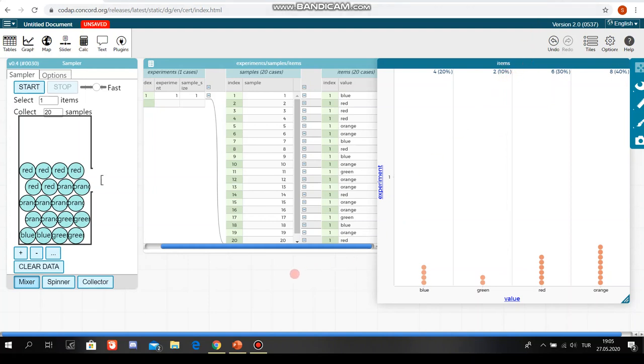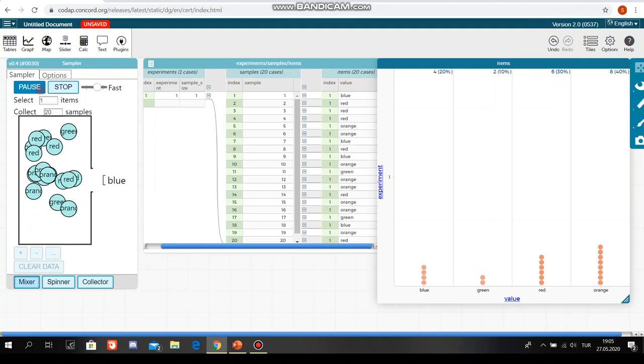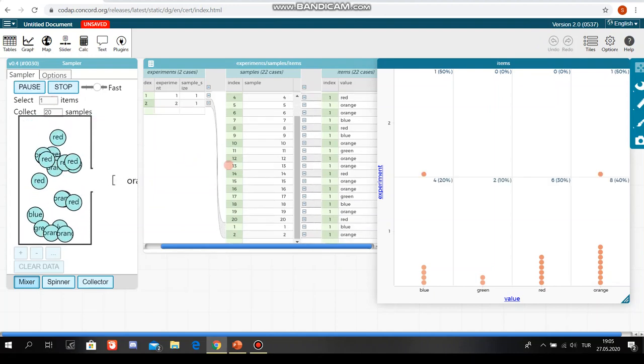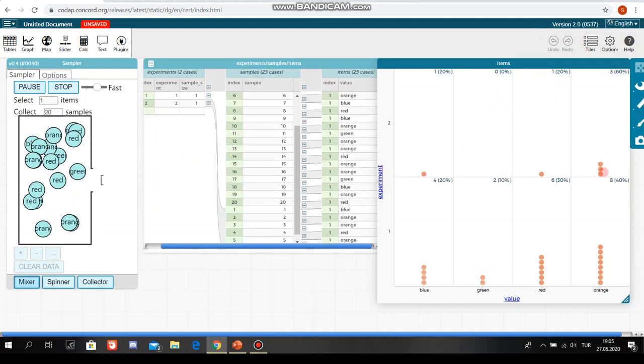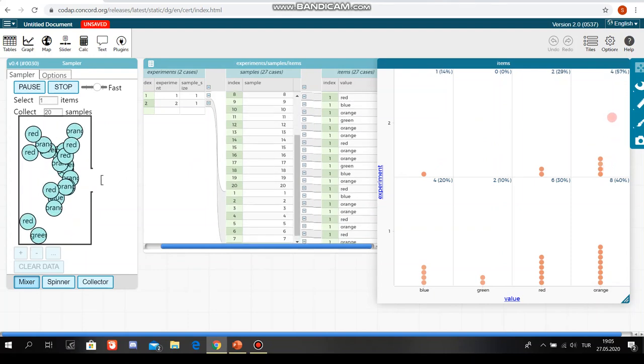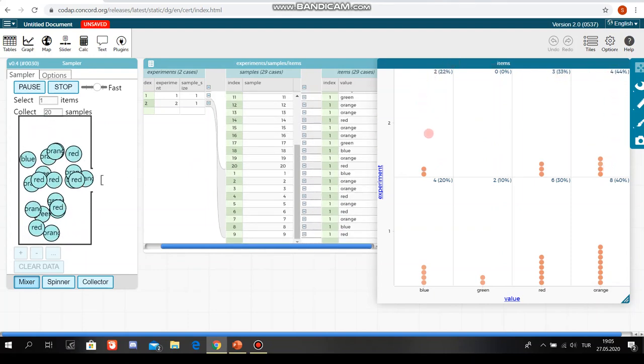Okay, let's try one more and do our experiment 2, and then look at the results again. Here it is happening now. You see the numbers and related percentages.